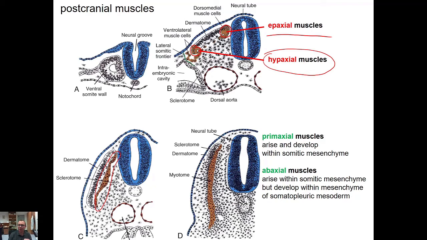There exists also another classification of muscles, primaxial and abaxial. It's more complicated.